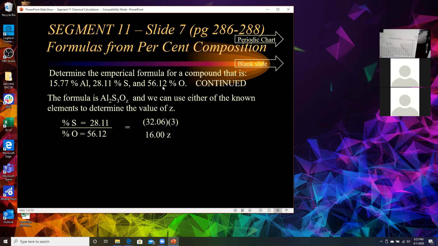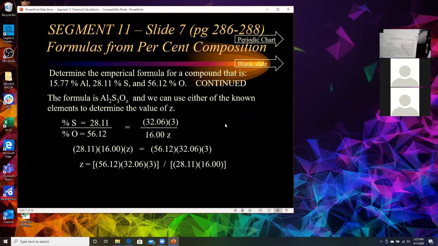I don't know what it is, but I know its percentage is this. So all the oxygen stuff and all the sulfur stuff is here. Now we can just solve for Z. Cross multiply: 16 Z times 28.1 will equal 56.12 times 32, 32.06 times 3. And do the math. Solve, you get 12.